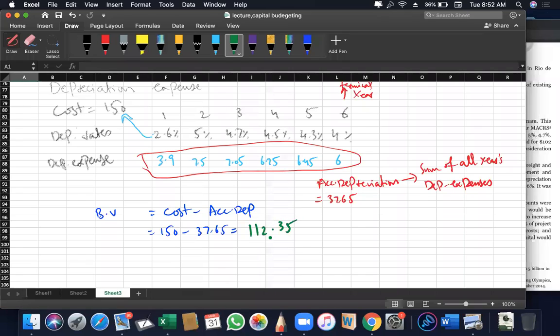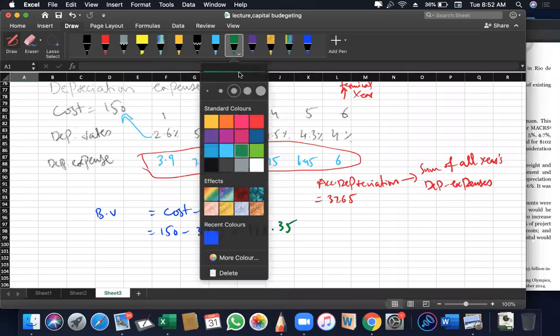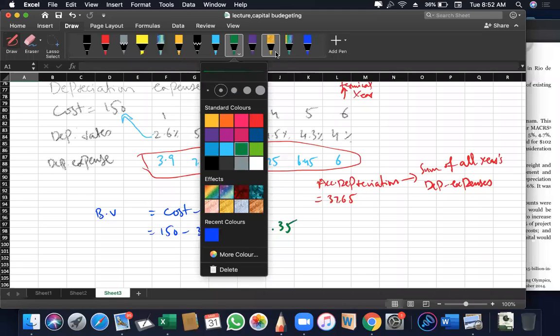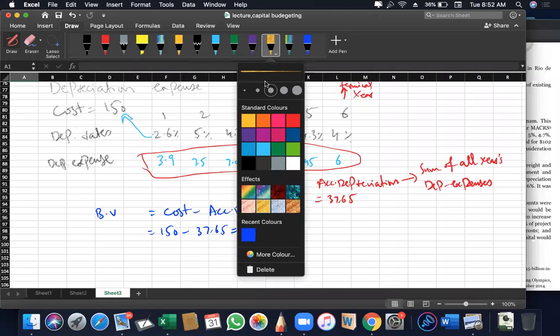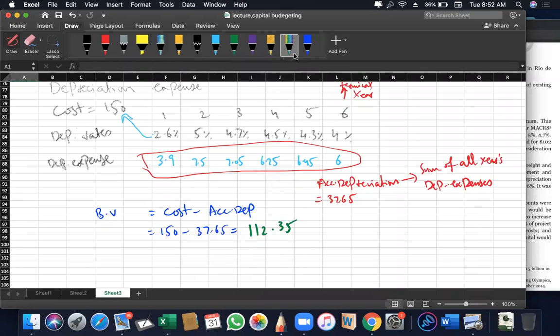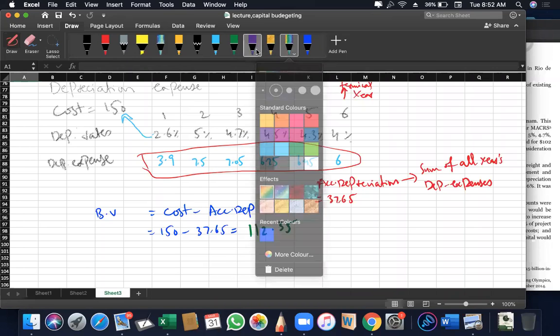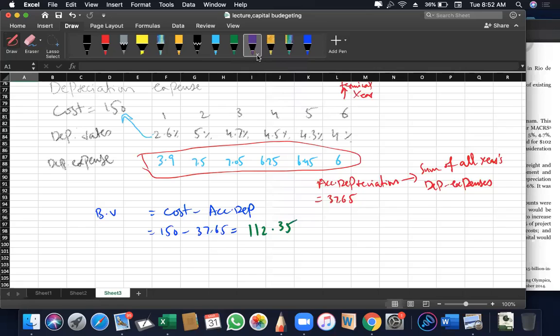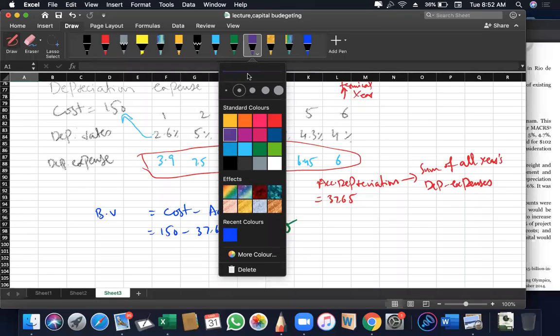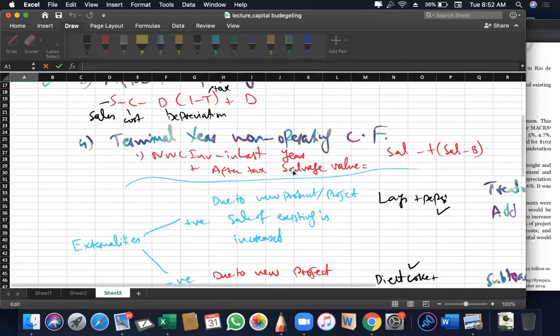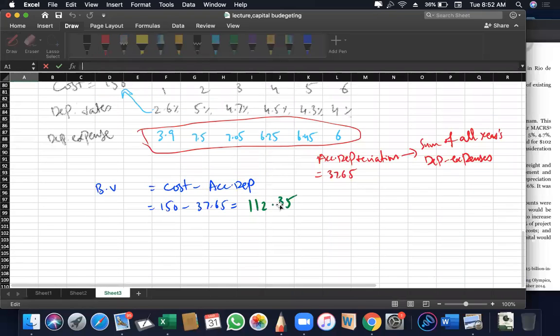So here I can analyze that it has a higher book value. Its book value is higher than the salvage value. So this was our aim, to find the book value.